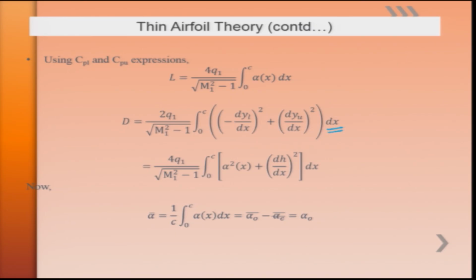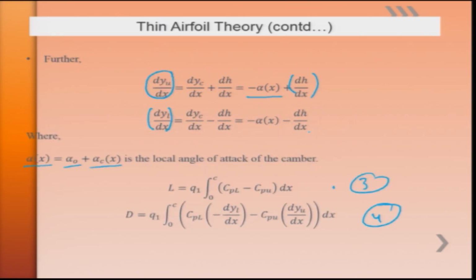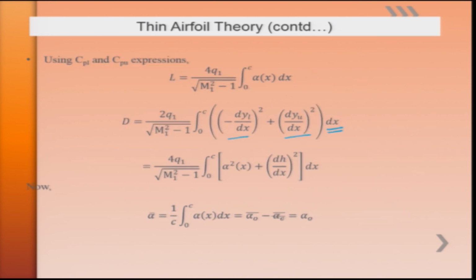Solving again and introducing dyl and dyu, I can finally obtain that the drag will be 4q1 upon square root of M1 squared minus 1, integral 0 to c of (alpha squared(x) plus (dh by dx) squared) dx.